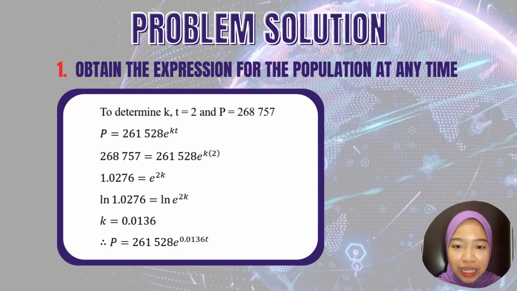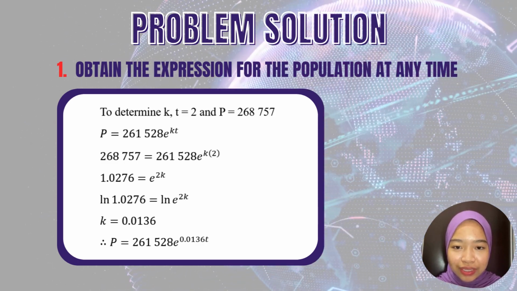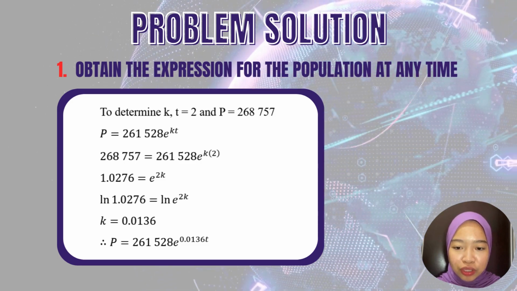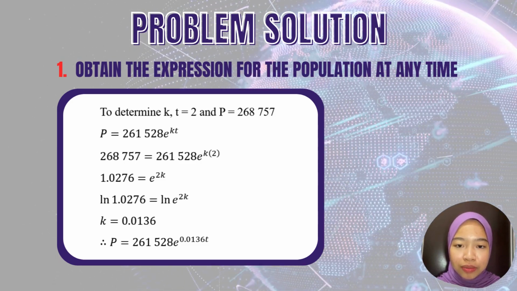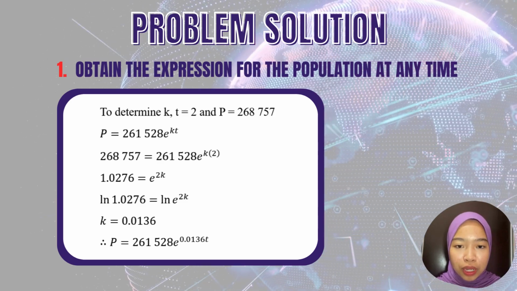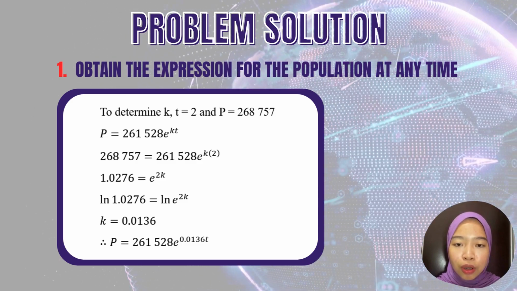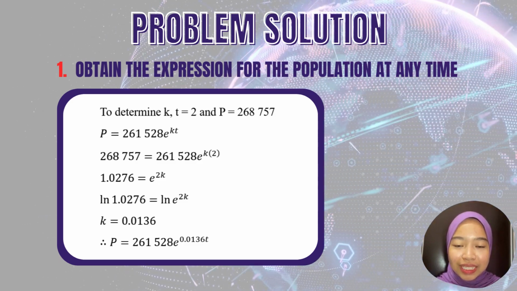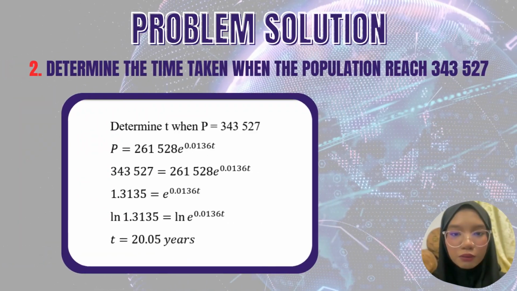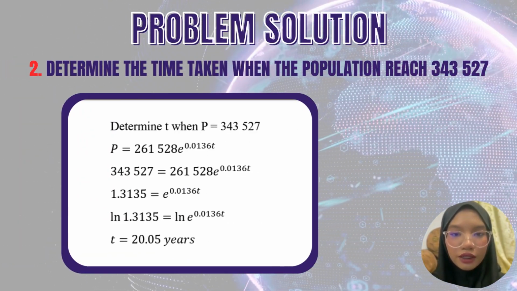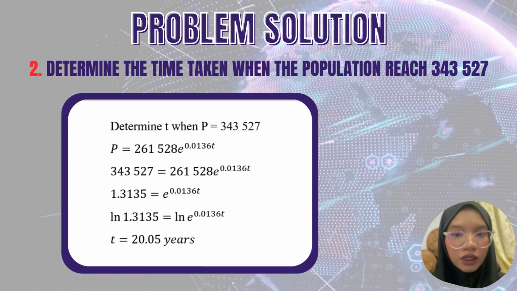Substitute the value of k into the general equation. In short, the final expression for the population at any given time is P = 261,528 e^(0.0136t).